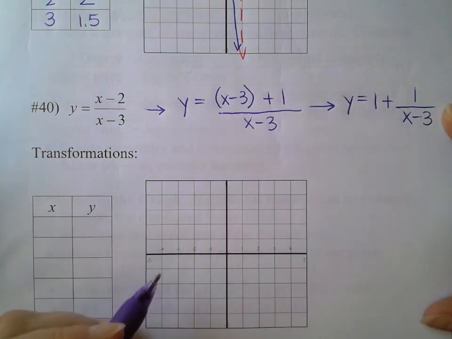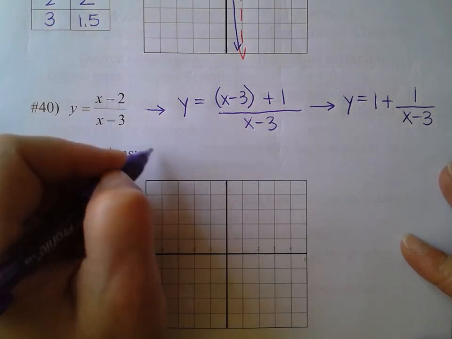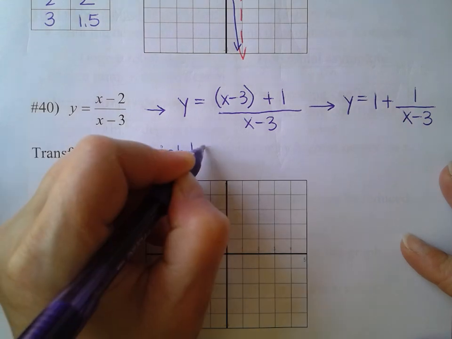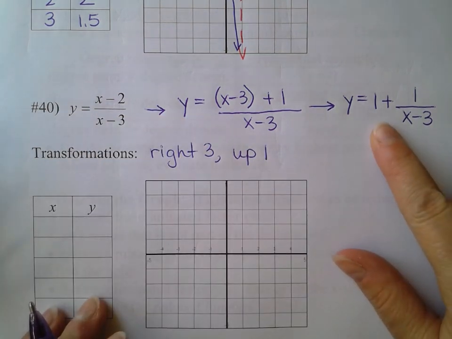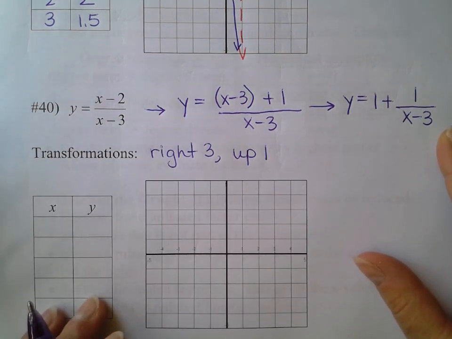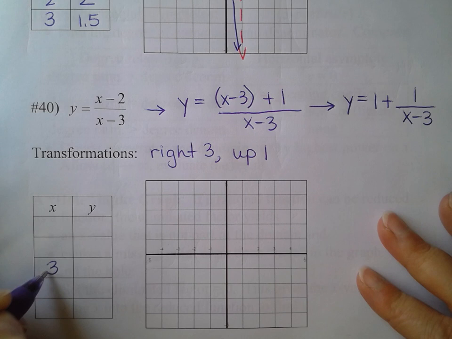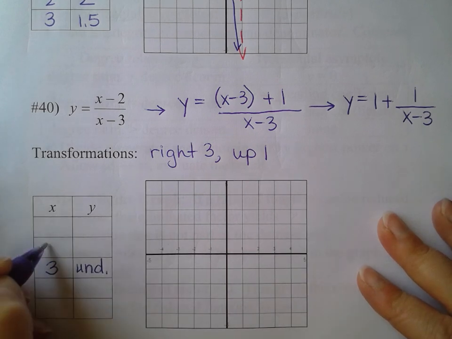Okay, and I can identify the shifting here. So this one has been shifted right by 3 and up by 1. The 1 is written in the front. I could also have written it in the back so that it looks more consistent with what we've done in the past. Because it's undefined at 3, I want to put that in the middle of my t-chart and choose a couple of x values around it.